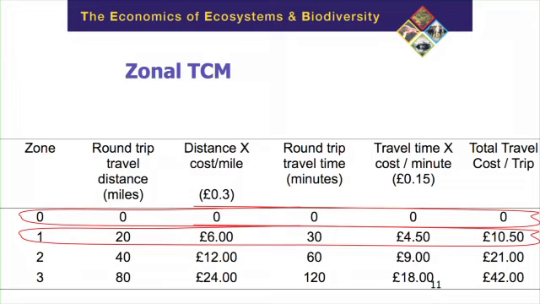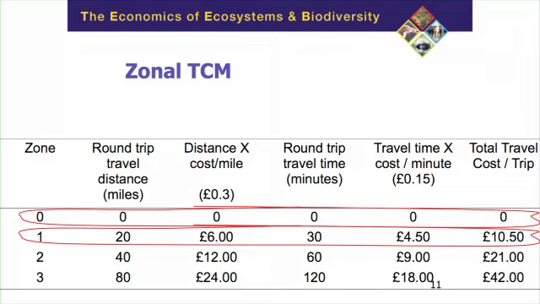So people in zone 1 will spend £10.50 to travel to that site. Again, it's a very basic assumption: everybody in zone 1 will spend £10.50 traveling to that site. We'll come back and discuss some of these assumptions.